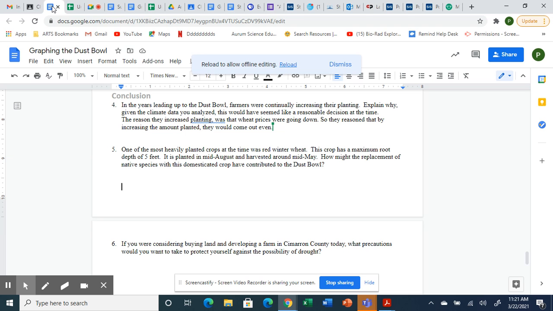This crop has a maximum root depth of 5 feet. It is planted in mid August and harvested around mid May. How might the replacement of native species with this domesticated crop have contributed to the Dust Bowl?